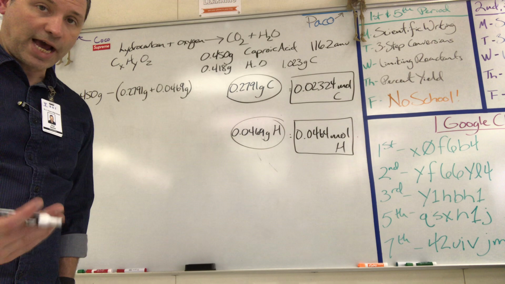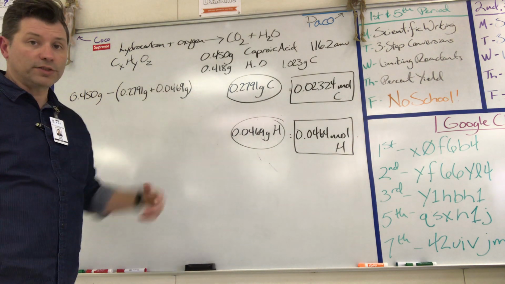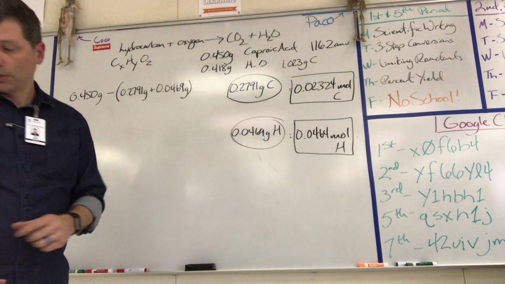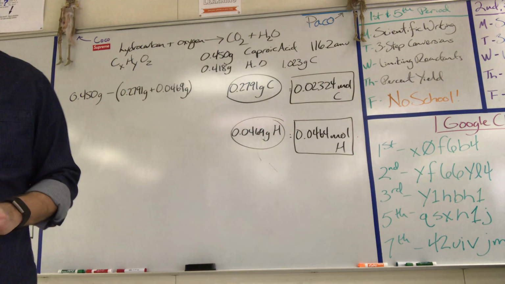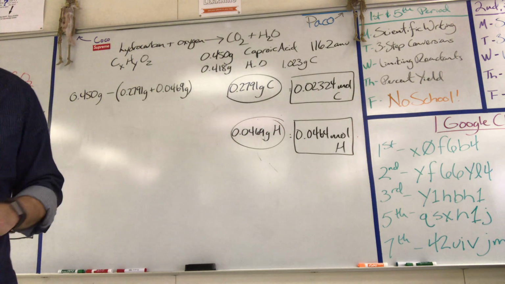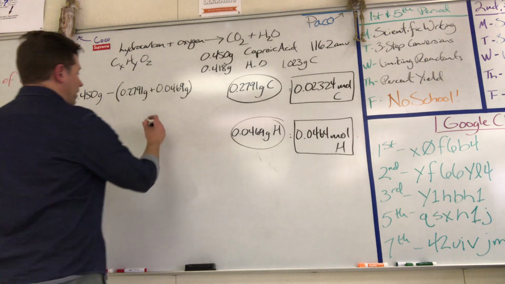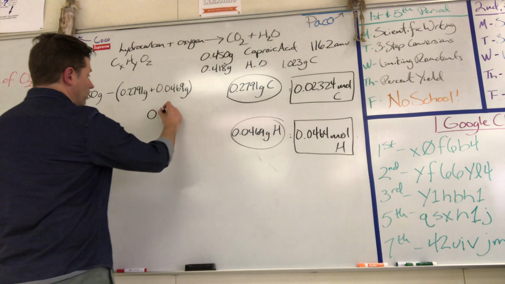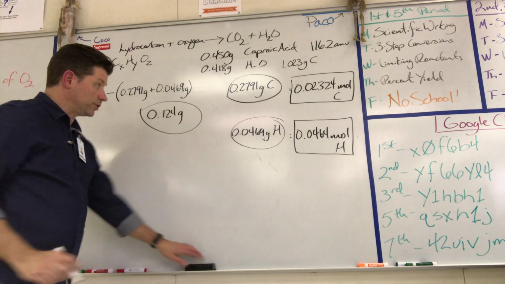It's going to tell me how many, because that's grams of carbon, grams of hydrogen, it's going to tell me how many grams of oxygen I have. Okay? Because of conservation of mass, you can't create or destroy, you can only change matter in shape or state. So when you do that calculation, you end up with 0.124 grams of oxygen.